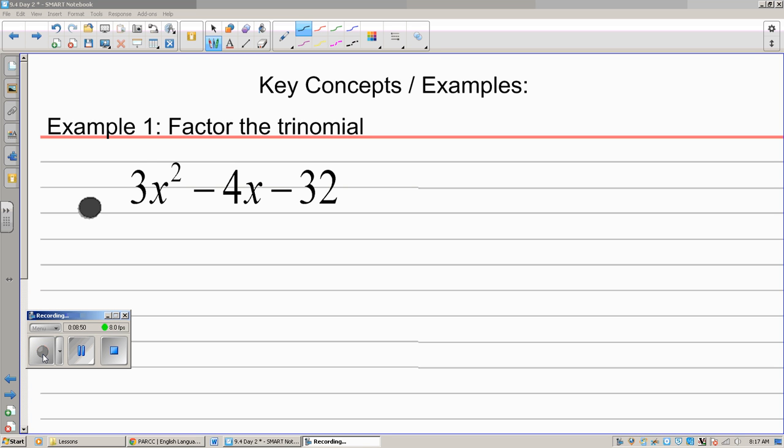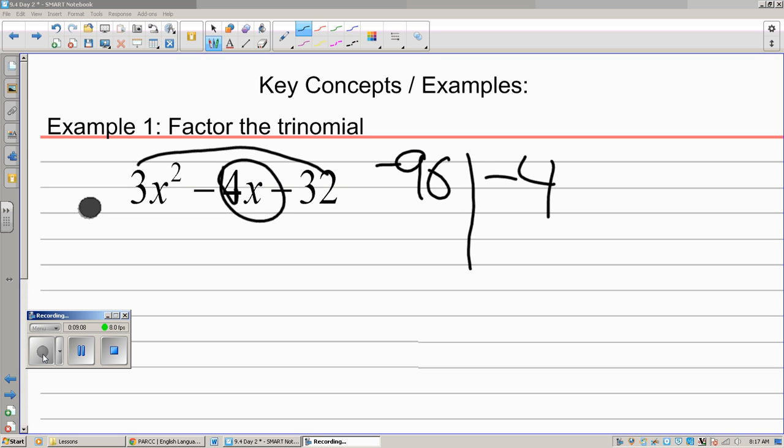We had to multiply to a times c and add to b. So it would be multiplying to negative 96 and adding to negative 4. I just kept going through multiples of 96 and seeing if they added to negative 4.